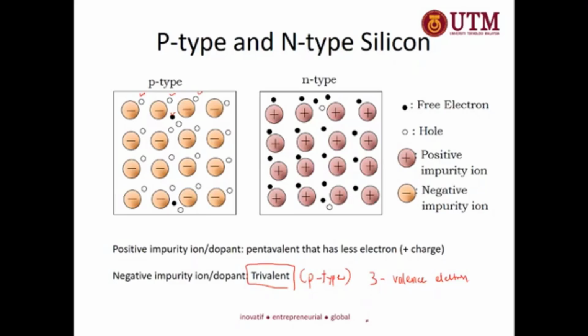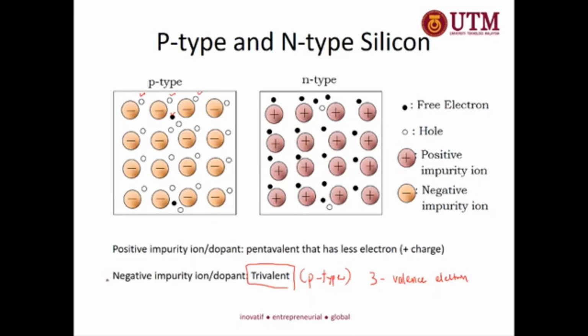This is because the trivalent atom has three valence electrons, but the neighboring silicon atoms have extra electrons. So the trivalent atom seems to have more electrons, so it has a negative charge.